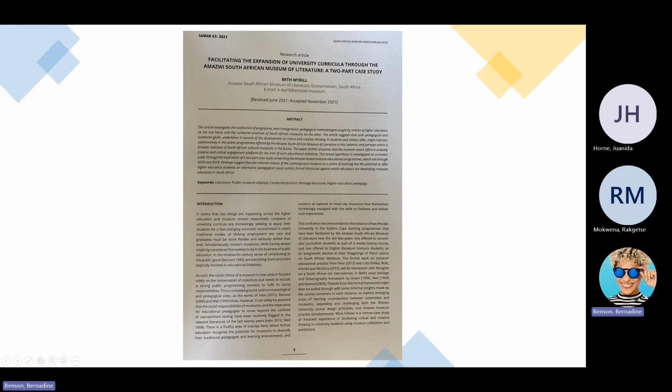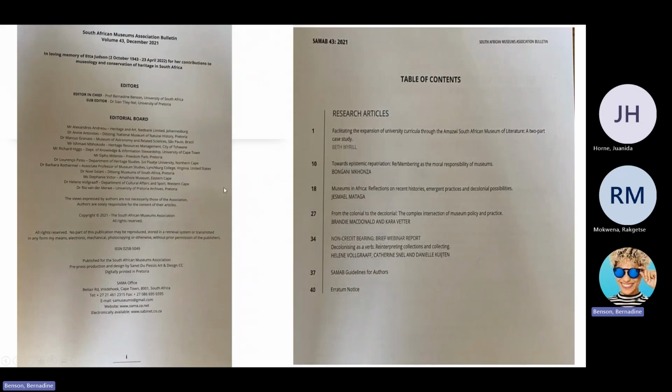So if we go back to this one, and we are using Bongani's article, we would have Mkonza, comma, space, B, full stop, space, 2021, full stop, space. Then the title would be Towards Epistemic Repatriation, full stop, space, Remembering as the moral responsibility of museums, full stop, space.